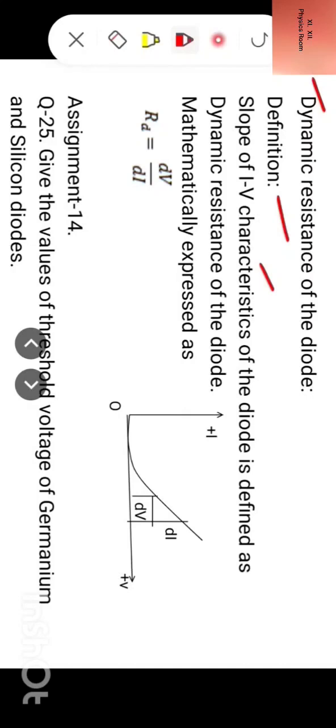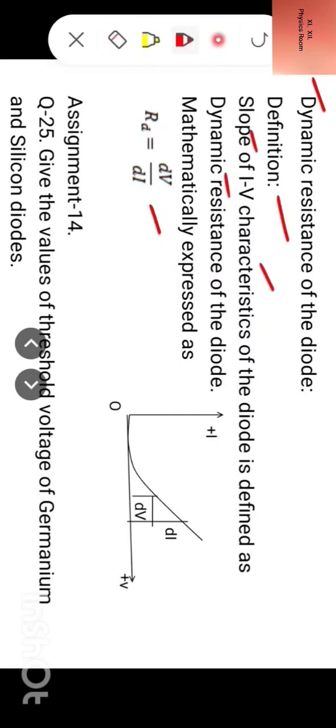I repeat, slope of IV characteristics of the diode under forward bias conditions is defined as dynamic resistance of the diode, mathematically expressed as Rd = dV/dI. Of course, SI unit is ohm.